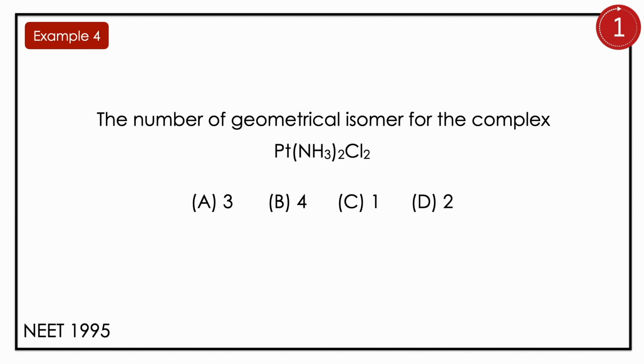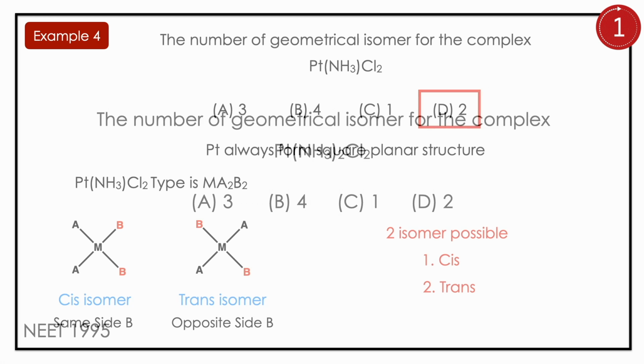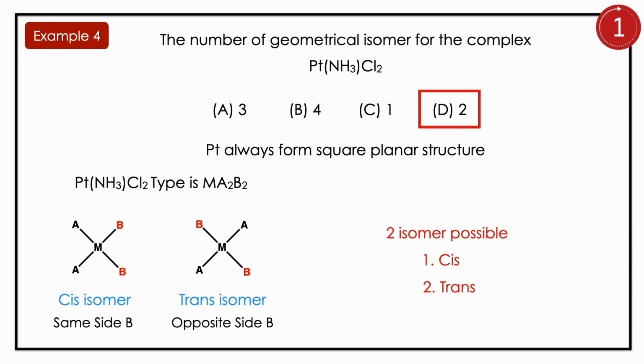Then the next question: the number of geometrical isomers for the complex [Pt(NH3)2Cl2]. The choices are A 3, B 4, C 1, D 2. Here the geometrical isomer is asked for a platinum NH3 Cl2 type complex. If you draw it simply, it is the Ma2b2 form.